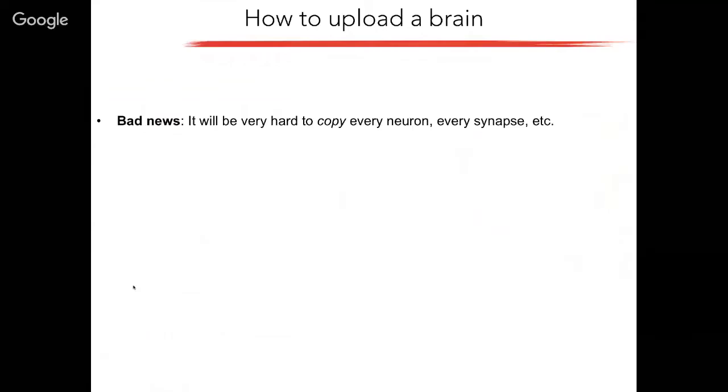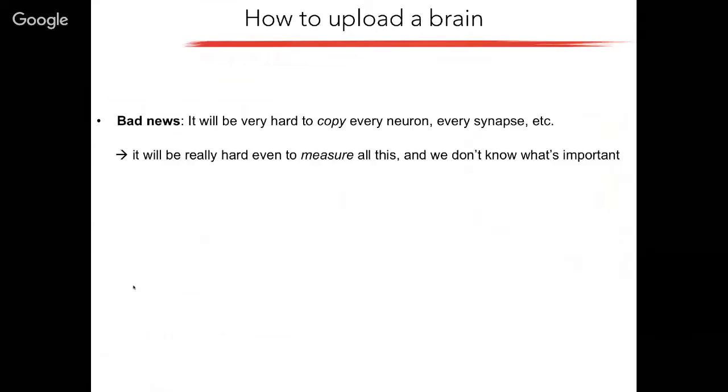And even if we did that, even if we were able to measure all of this, it would be very challenging to know what to do with that. Would we make a huge simulation? If we made a huge simulation, we would probably have to have very strong opinions about which of those components was important in order to sort of make up for the properties we didn't measure.